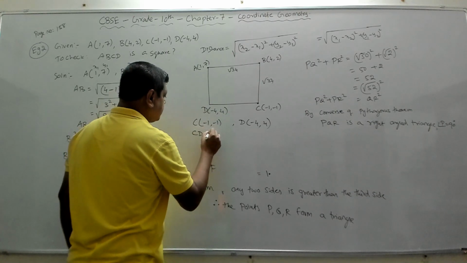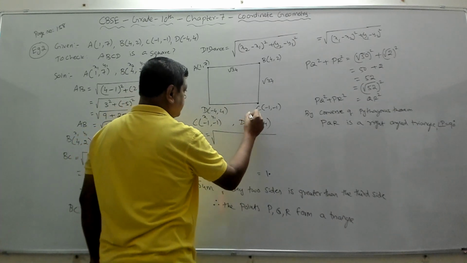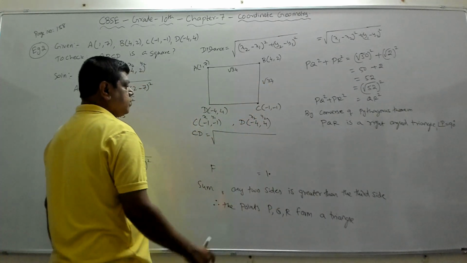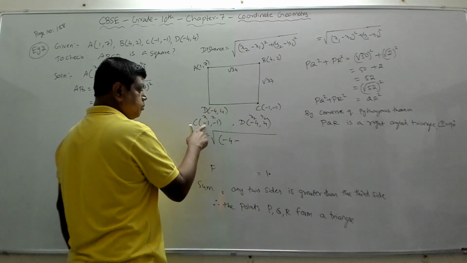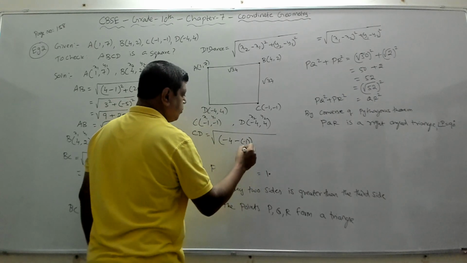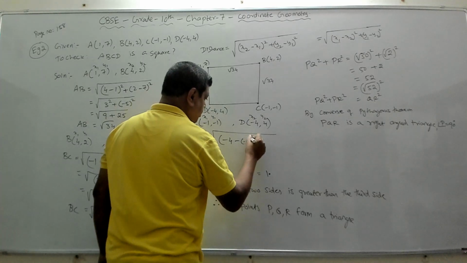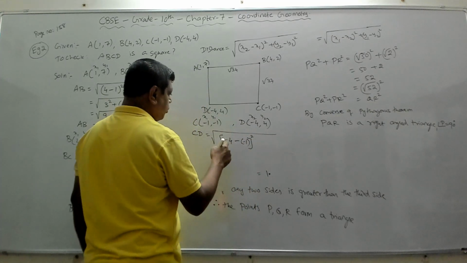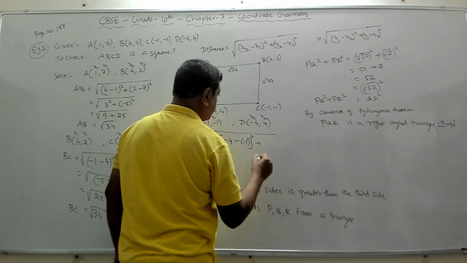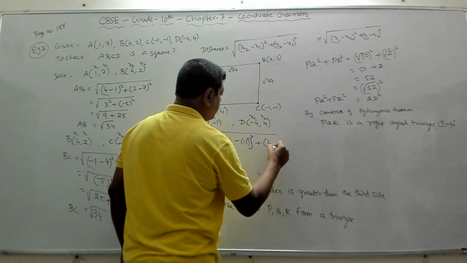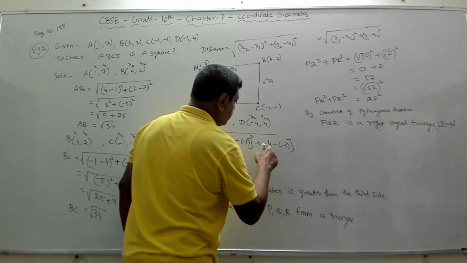CD length is square root of, taking C as x1, y1 and D as x2, y2, (x2 minus x1) where x2 is minus 4 and x1 is minus 1, so minus 4 minus of minus 1, the whole square, plus (y2 minus y1), where y2 is 4 and y1 is minus 1, the whole square.